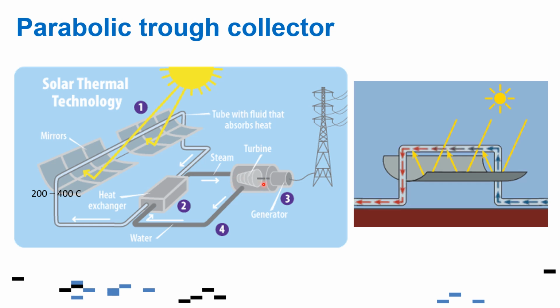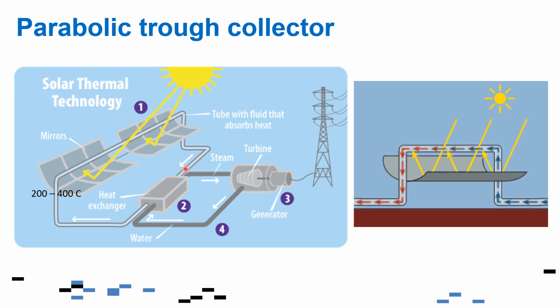So the steam is powering the turbine, and then the turbine powers the generator to generate electricity. So what happens is that the working fluid, like oil or some other fluid, goes towards here and can absorb and heat up to 400 degrees Celsius by the mirrors, and goes back towards the heat exchanger.